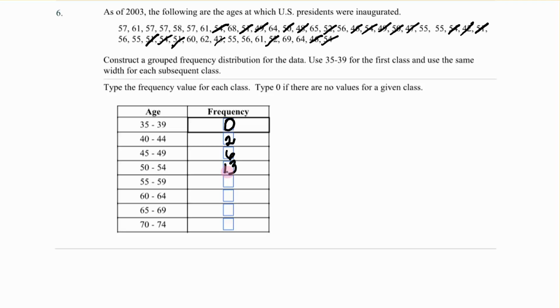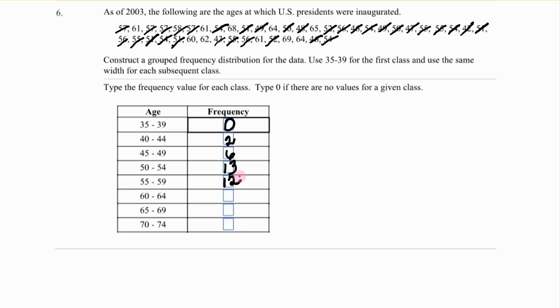55 to 59. 1, 2, 3, 4, 5, 6, 7, 8, 9, 10, 11. I had 12.